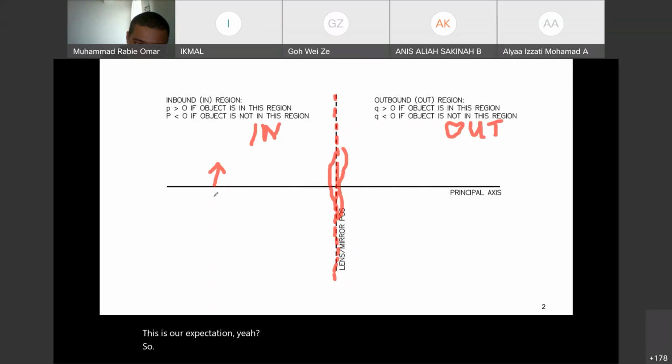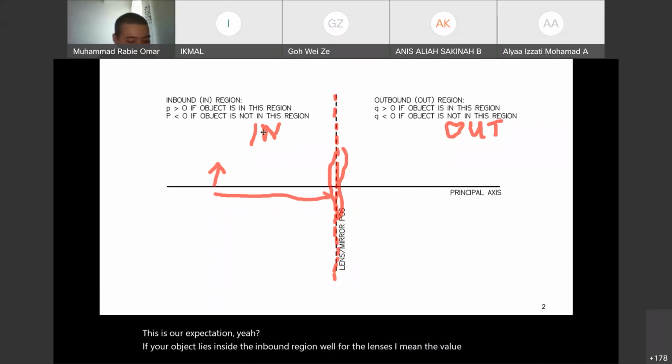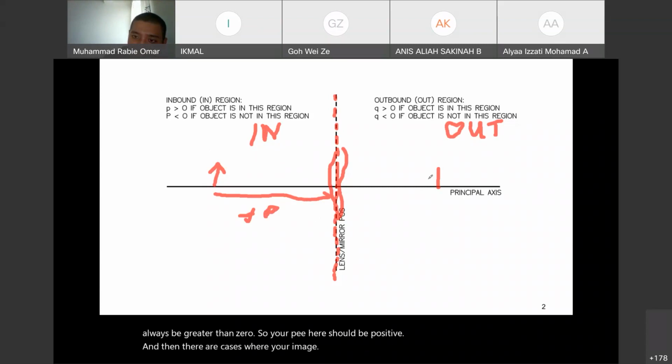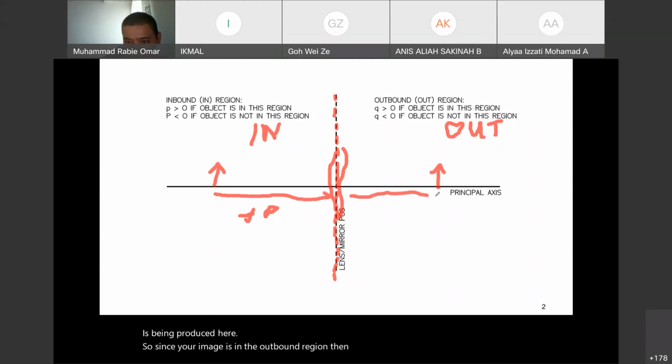So if your object lies inside the inbound region, well, for the lenses, the value of P must always be greater than 0. So your P here should be positive. And then there are cases where your image is being produced here. So since your image is in the outbound region, then the value of Q is positive.